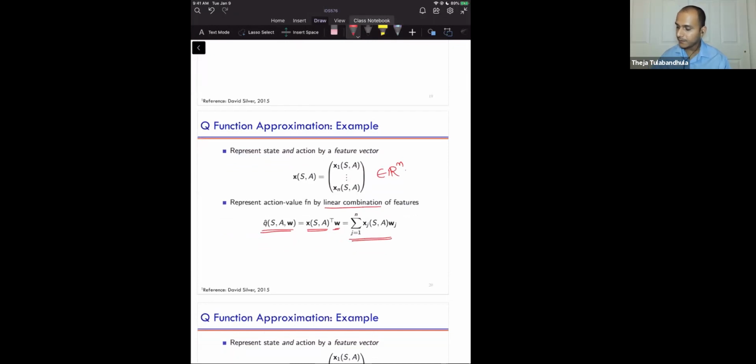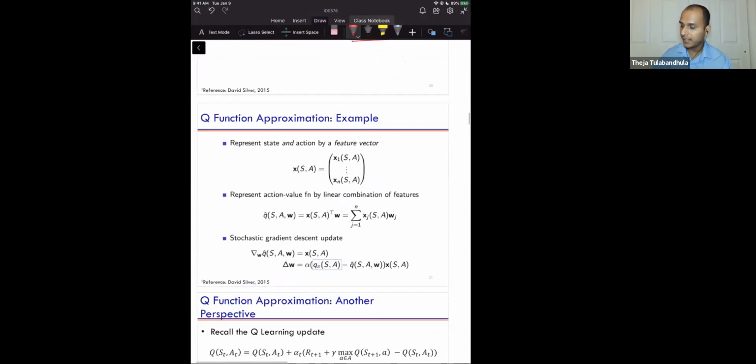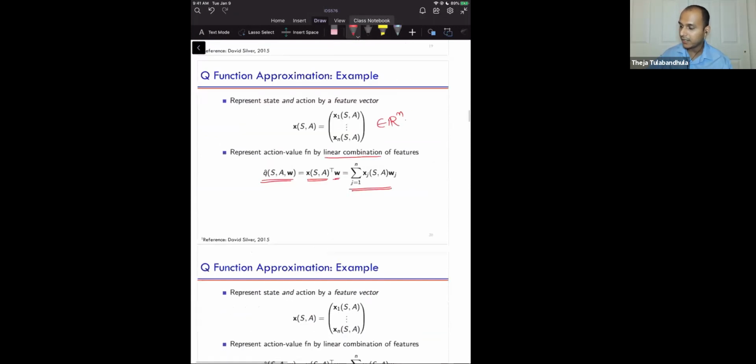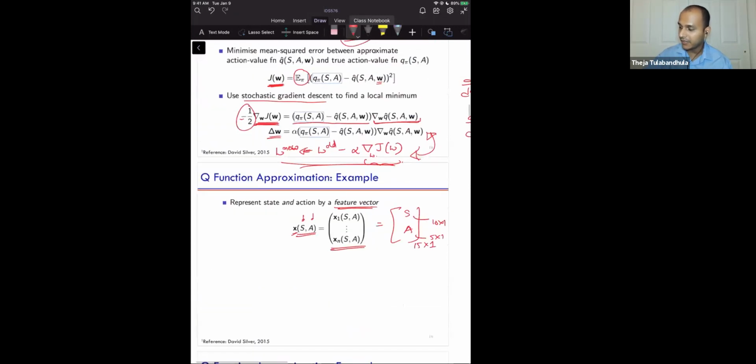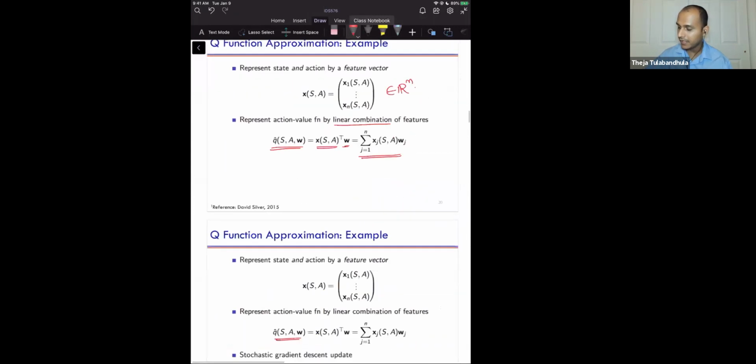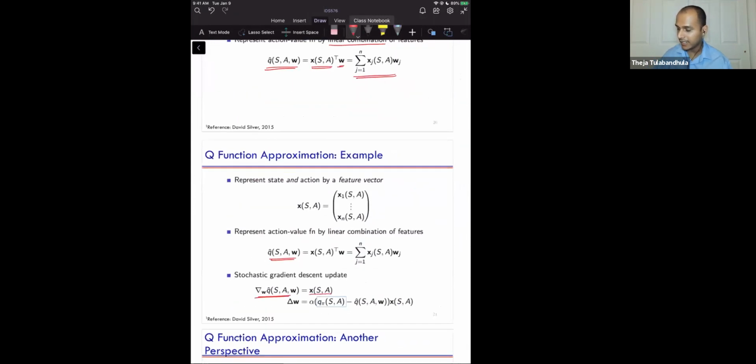And if that's the case, what's the gradient of this function itself? We need the gradient of the function because, as you saw for squared loss, we just need the gradient of the function in the update rule. So the gradient of the function with respect to the parameter is the feature vector itself. This is also in Rn.